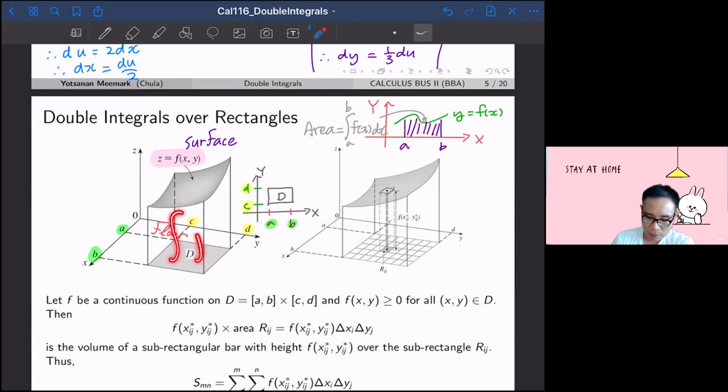Here you have two integrals, with respect to x and with respect to y, taking care of dx and dy separately.